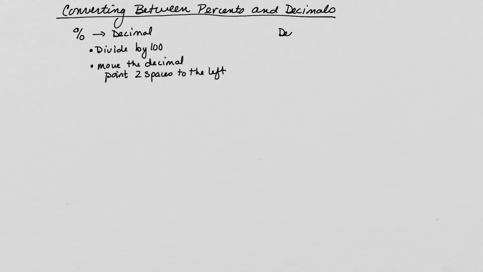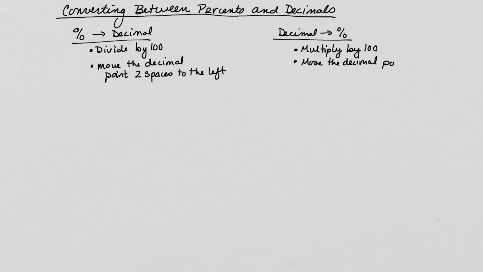And if you want to go from a decimal to a percent, we can either multiply by 100, or we can move the decimal point 2 spaces to the right.